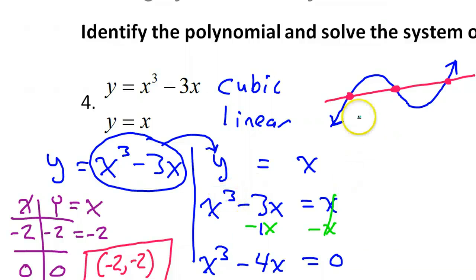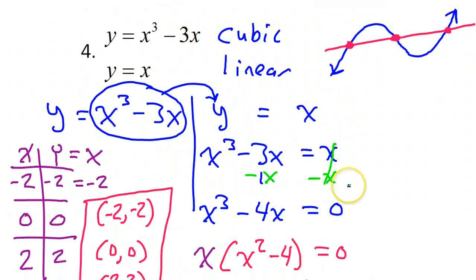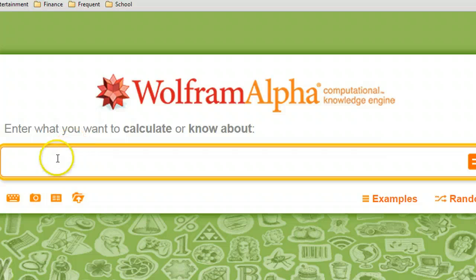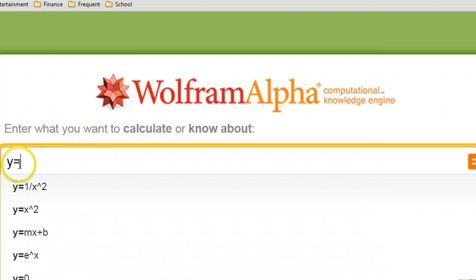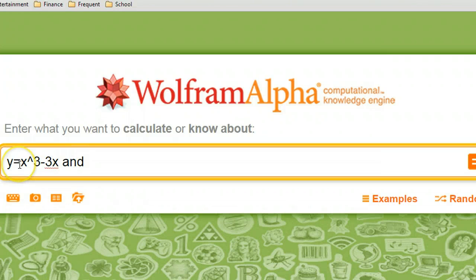We were expecting something like this, but let's take a quick peek at Wolfram Alpha. I always like to get a view from an electronic graph. Our first equation was y equals x to the 3rd power minus 3x, and our second equation was y equals x. Enter.